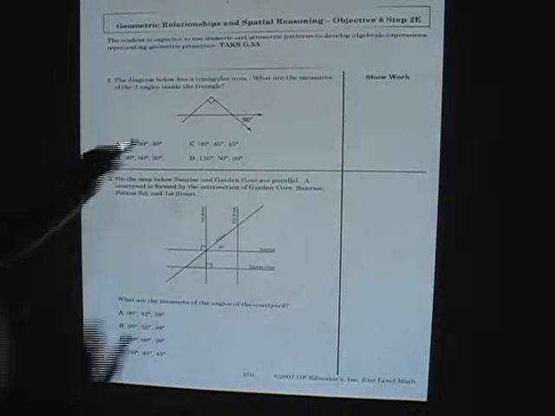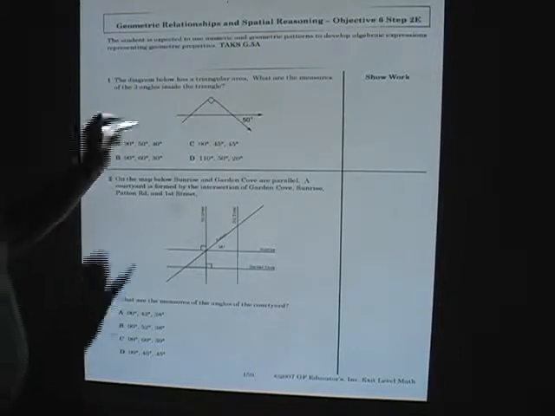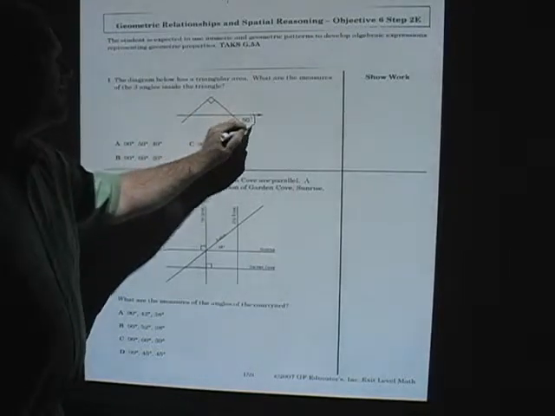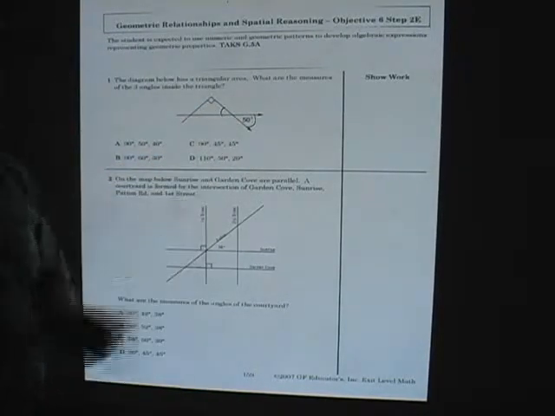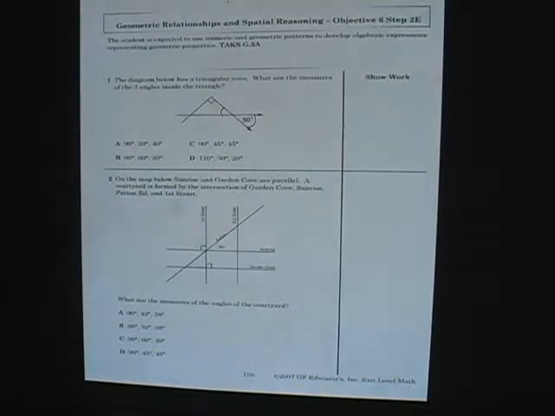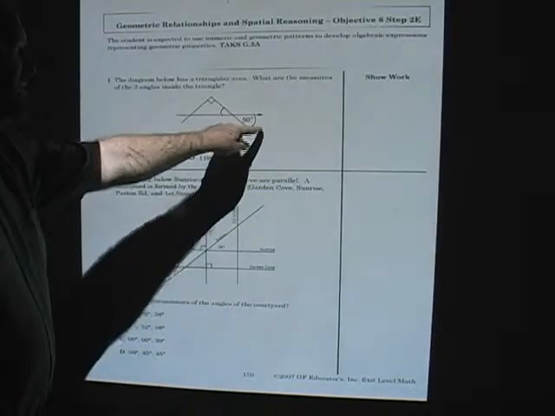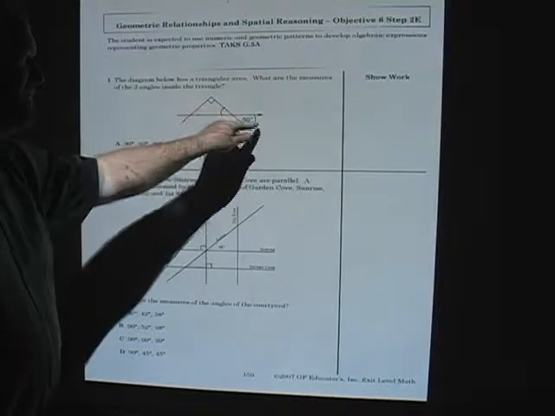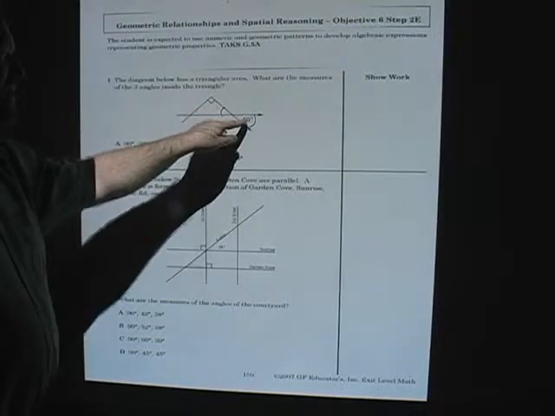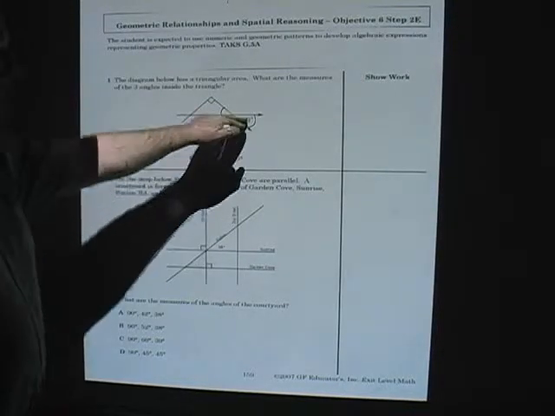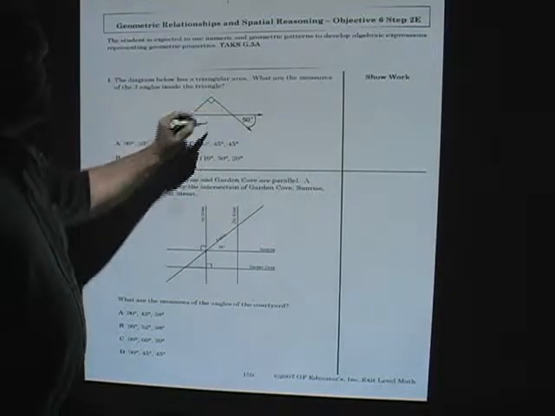And we talked a little bit about this before. When I've got angles like this, this is something you really need to memorize. When you see a figure like this, these are called vertical angles. These are congruent, since this is 50, and this is 50.